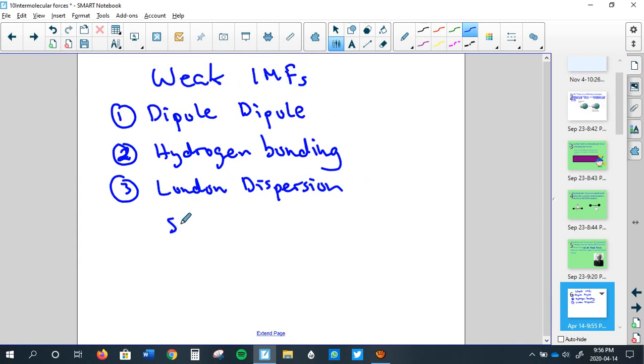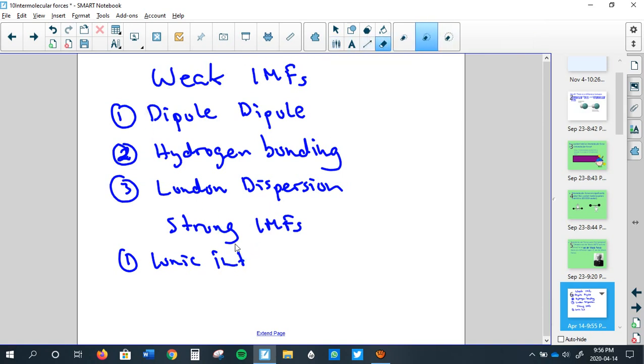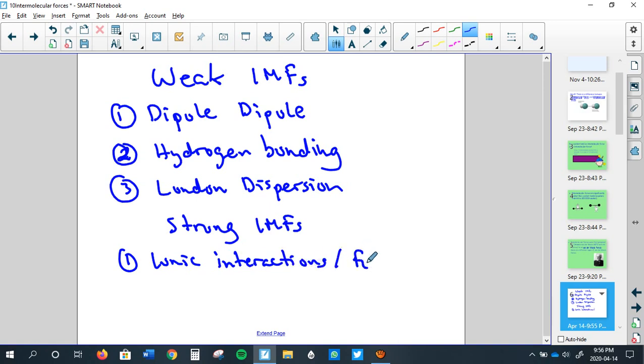Now, these next two are your strong intermolecular forces. Here we're going to talk about ionic interactions, or ionic-ionic interactions, or forces. Makes things like crystals.